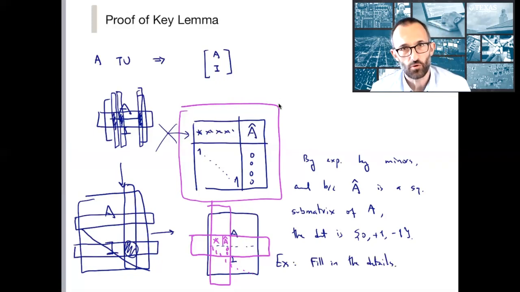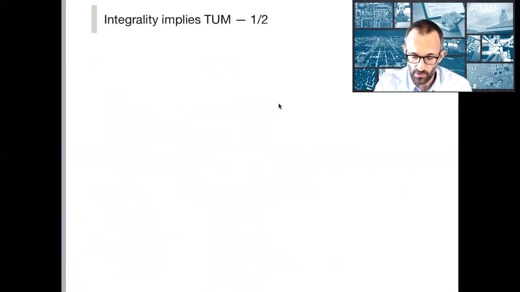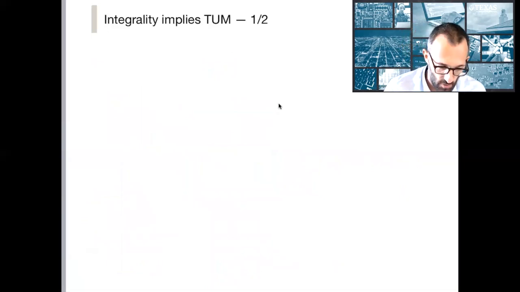Okay, so now let's actually prove something else that is interesting, and that is that the converse holds as well. So in other words, let's show the following.